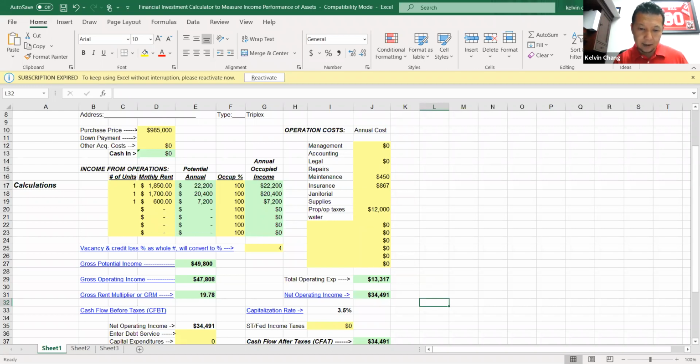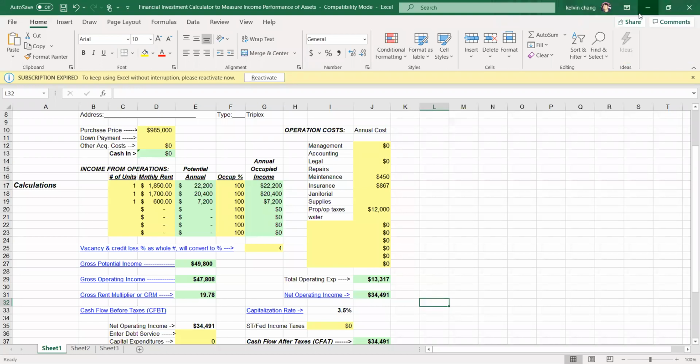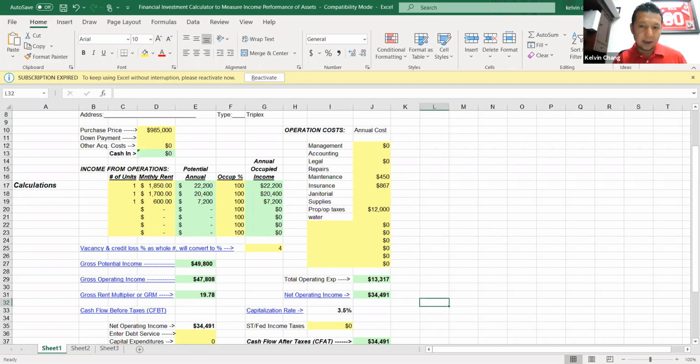so now I go back into my MLS. You guys remember the formula for cap rate and net operating income? Okay, so the net operating income of 34,491, you divide that by the cap rate of the area.